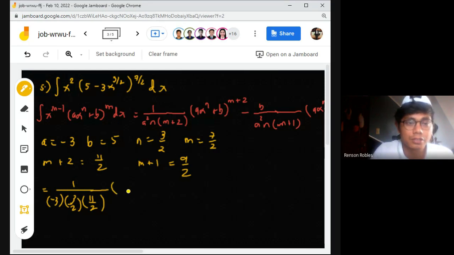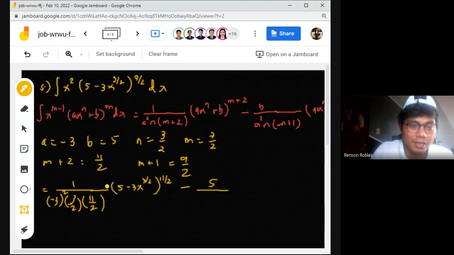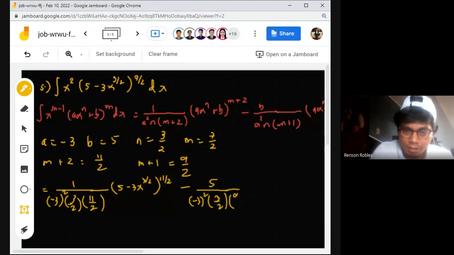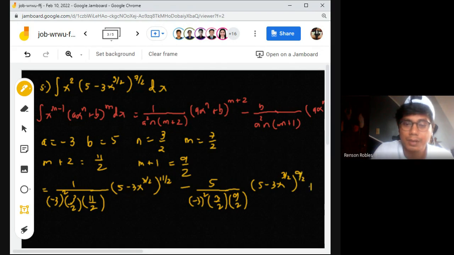Then times, you just copy 5 minus 3x raised to 3 halves, and then 7 halves plus 2, that's 11/2, minus b, minus 5, all over a squared times n, times m plus 1, and then times 5 minus 3x raised to 3 halves raised to 9 halves, and then plus c.